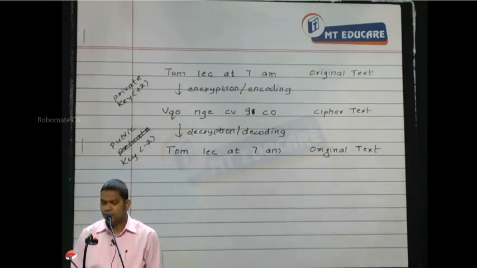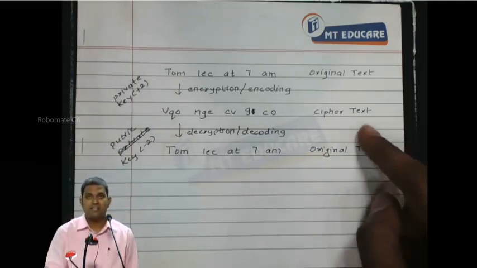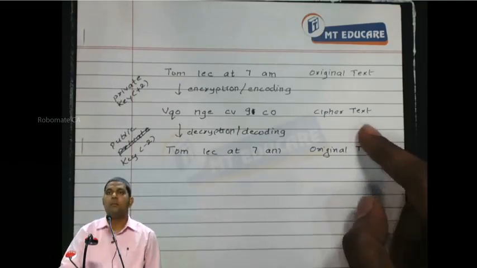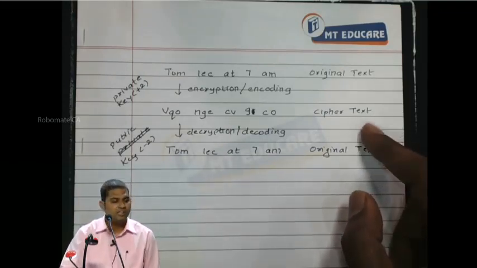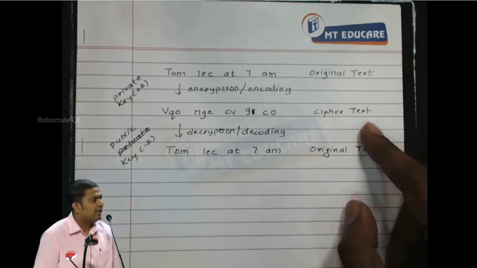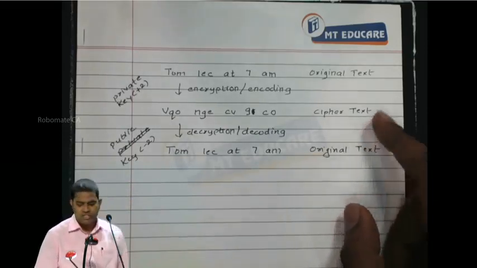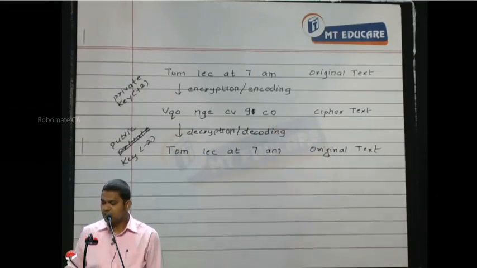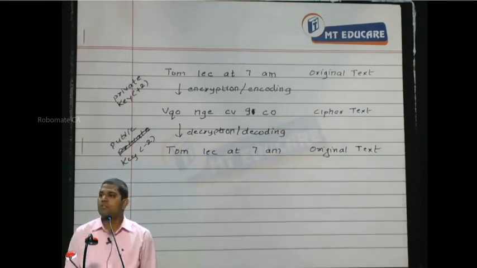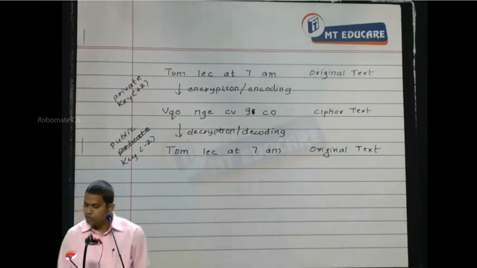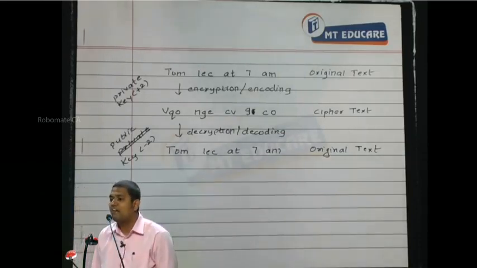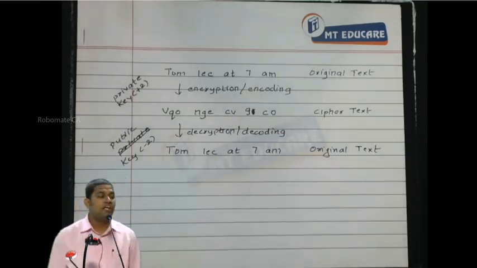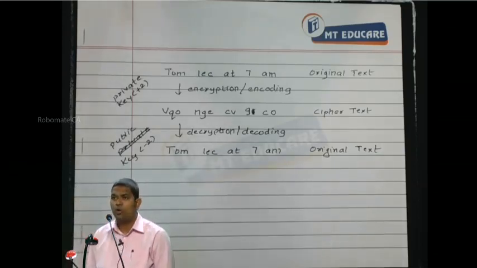Then we have learned something called as ciphertext. Ciphertext is that text which is actually been transmitted through the telecommunication channel. Even if the hacker is hacking the data, he won't understand what the message is. The process of encoding, the process of encryption is also called as cryptography. And the process of decryption or the process of decoding is also called as cryptanalysis.